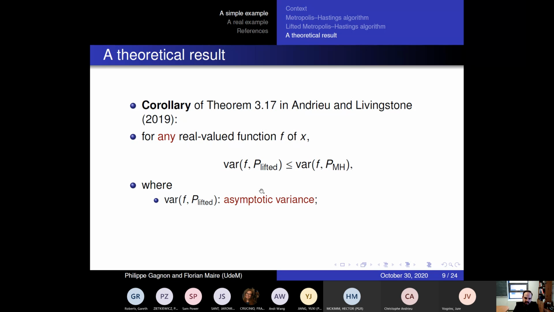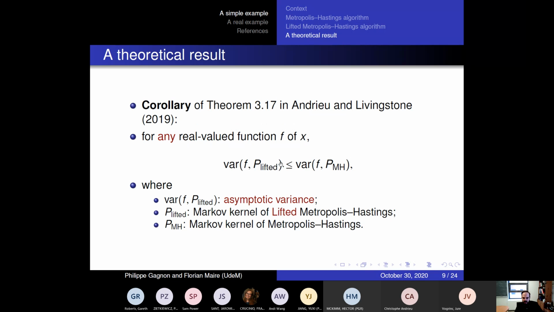I will not give the detailed definition, but basically it tells you that when you have reached stationarity, and then you look at the variance of the approximation that you will get, then this order tells you that one approximation is more accurate than the other.